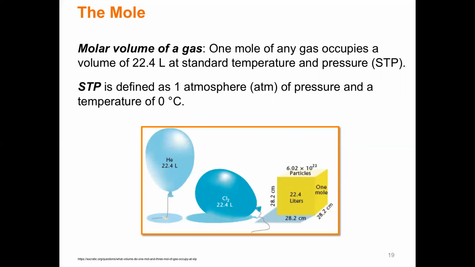So that would be a volume. So we could think of it in that way, okay? And then when you're dealing with that, if you've got 22.4 liters, you're dealing with exactly 1 mole of that gas, okay? So that is standardized.